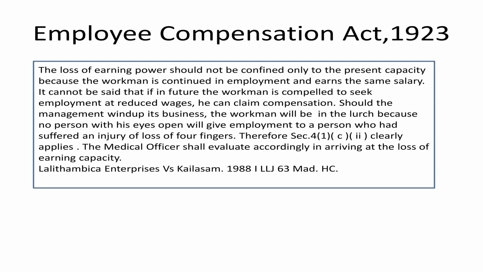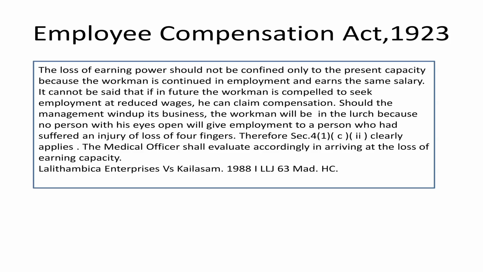Standard injuries, like for instance, loss of one eye, loss of one ear, loss of one finger, loss of two fingers, loss of one leg, all are listed out, and the percentage of incapacity has been assessed and mentioned in the schedule itself. But there may be some injury other than the scheduled injury. Then what is the loss in capacity? In such a case, the medical officer has to assess the extent of loss of capacity on examination, and he decides what percentage of loss of capacity should be taken into account.